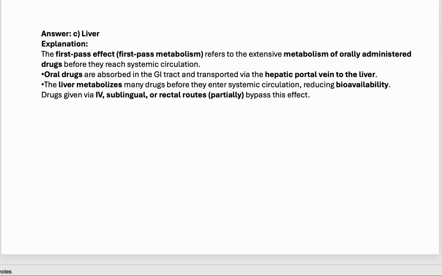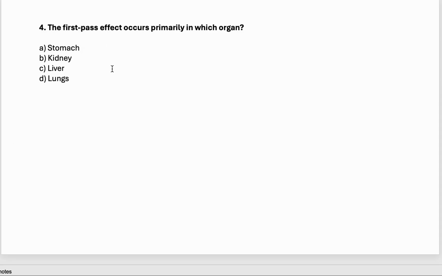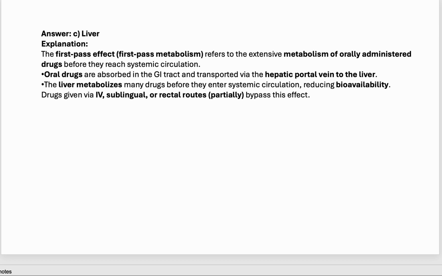I would like to add something here, because it's not mentioned in this question. There is another question that I've added in this slide. When it mentions oral capsules, then you have to be careful, because the metabolism of oral capsules starts from the GI tract only. So in that case, stomach would be the right answer. But because it's not specified here, you're perfectly right.